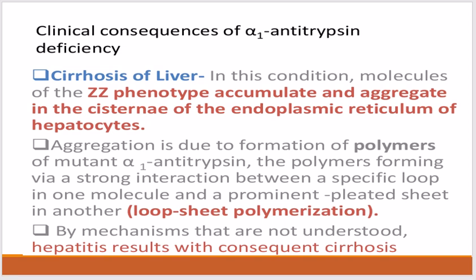The polymers form via strong interactions between the reactive loop of one molecule and the beta pleated sheet of another, called loop sheet polymerization. By mechanisms that are not clearly understood, hepatitis results, which consequently leads to cirrhosis of the liver.